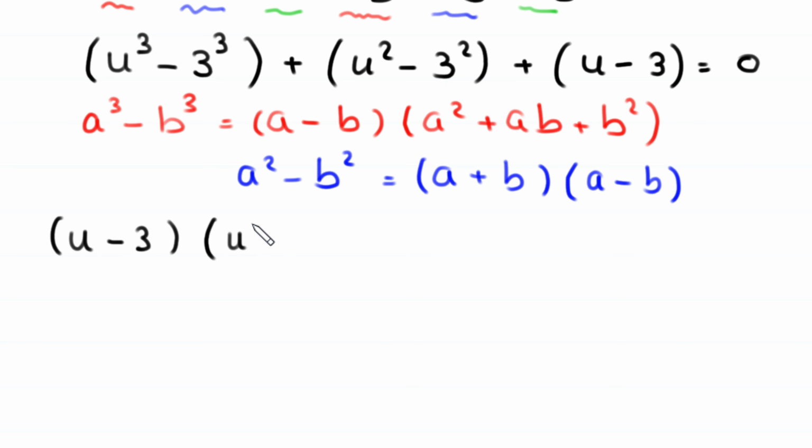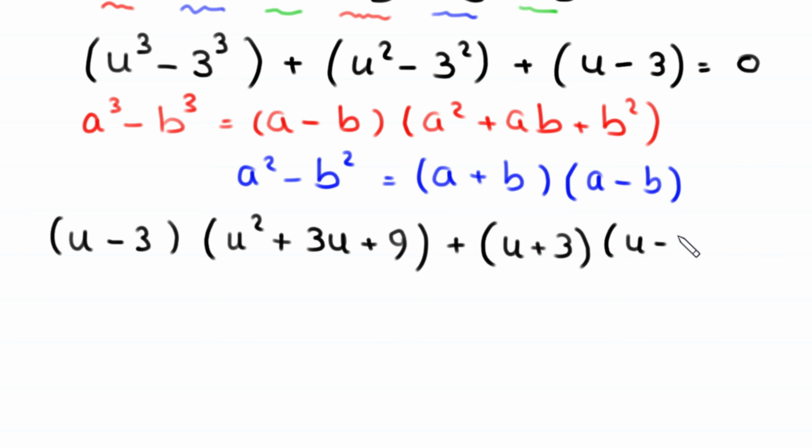By using this identity, this u cubed minus 3 cubed will become u minus 3 times u squared plus 3 times u plus 9, and by using this identity, this u squared minus 3 squared will become u plus 3 times u minus 3, plus this u minus 3 remains the same, equal to 0.